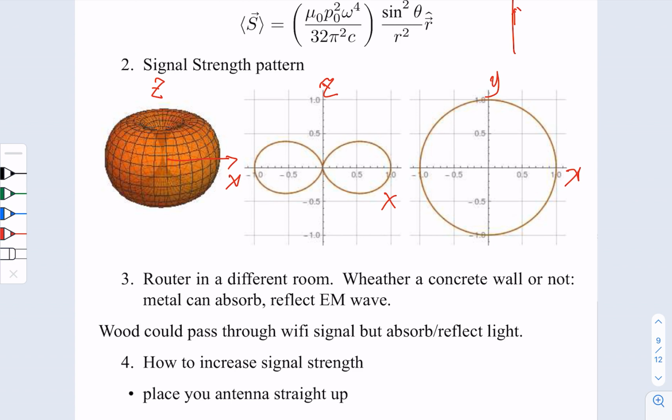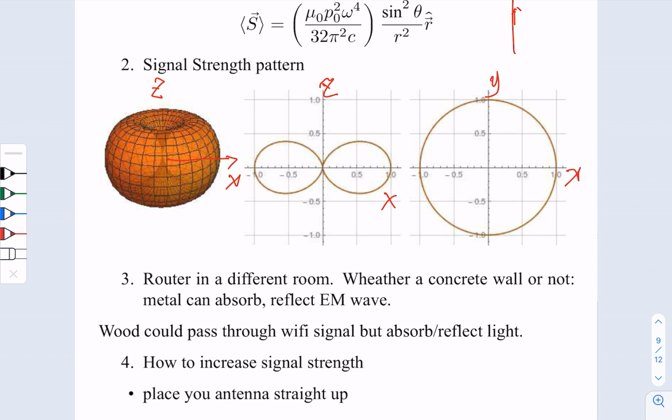But sometimes your internet port can be in a different room from where you want to put your computer. So oftentimes you actually have to put the router and your device in different rooms, right?